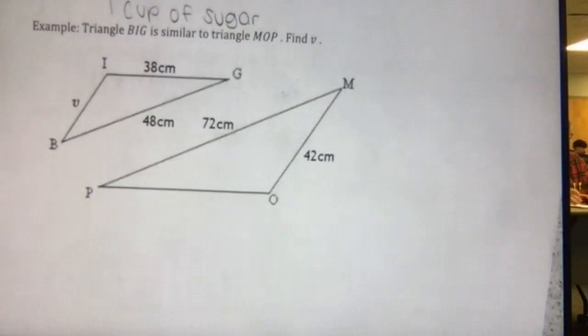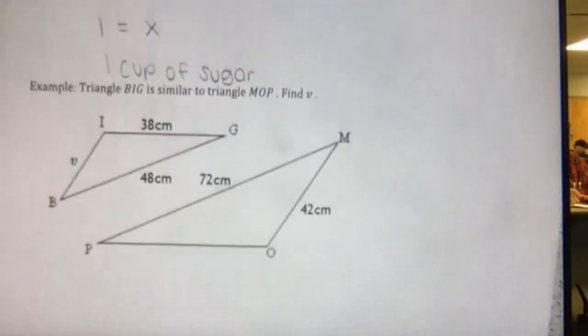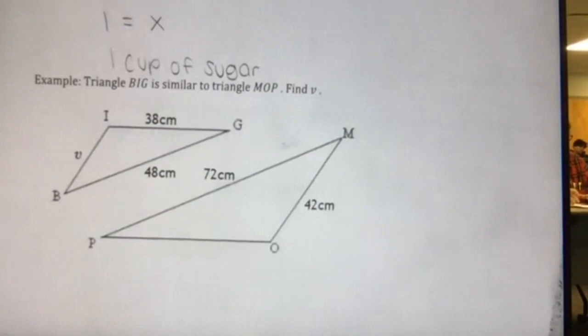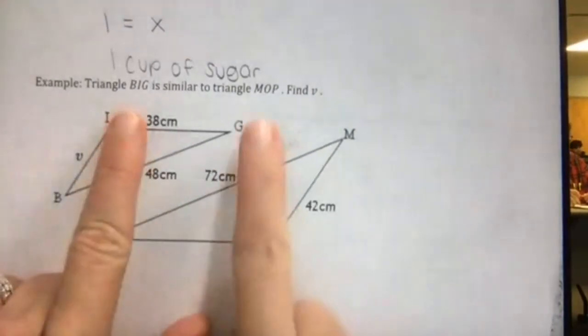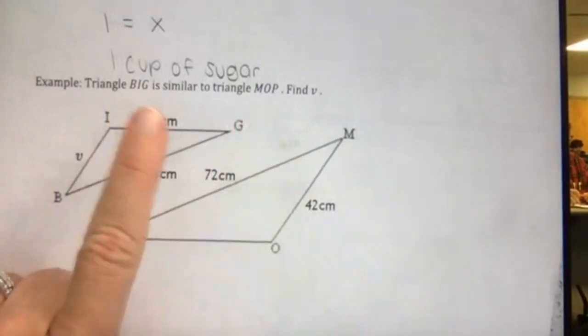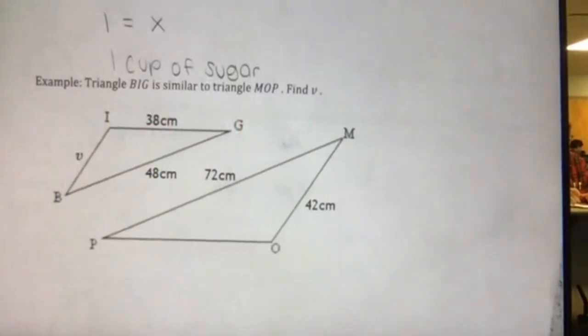So the triangle BIG is similar to the triangle MOP. Find V. All right, so similar triangles. The order of the lettering is important to us. Let me use my pen because Dylan stole my highlighter.